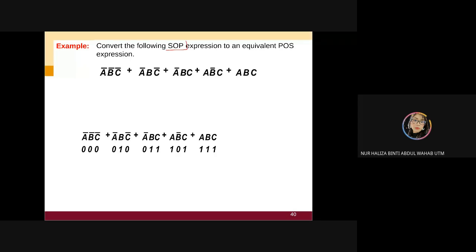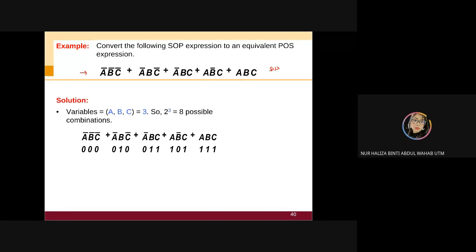Convert the following SOP expression to equivalent POS. How are you going to convert? If you were given this Boolean expression, okay, this one is SOP. So how are you going to convert to POS?